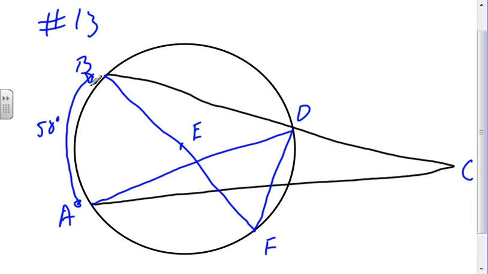And the arc going D to F is 40, so I got 40 over there.